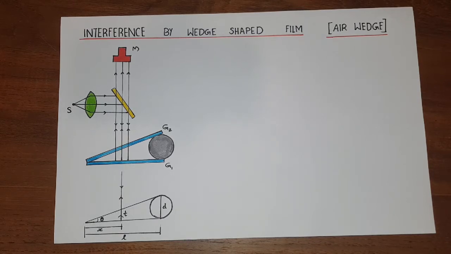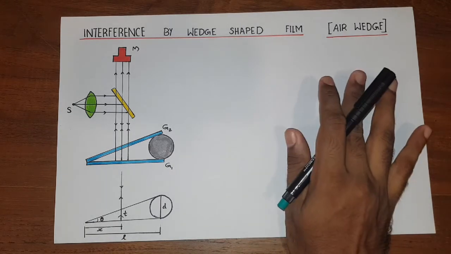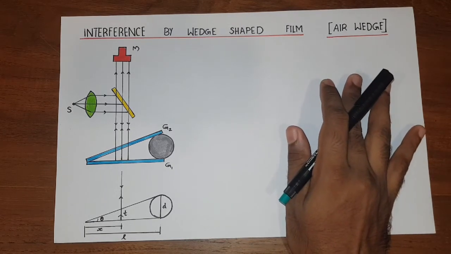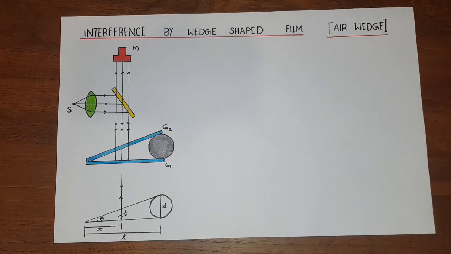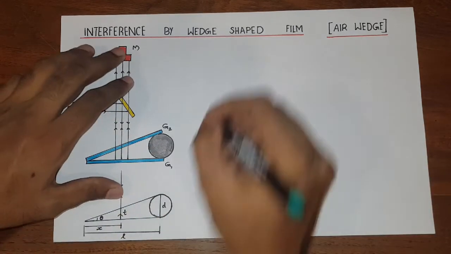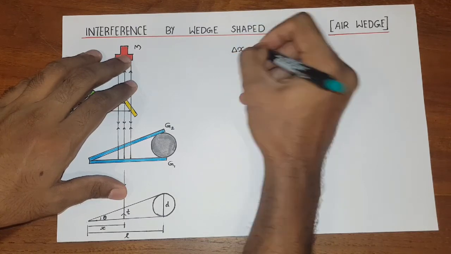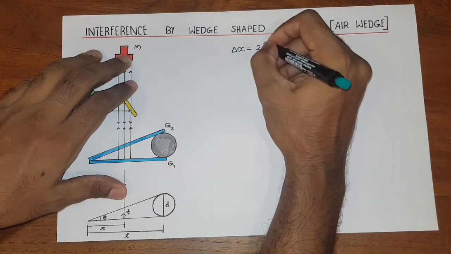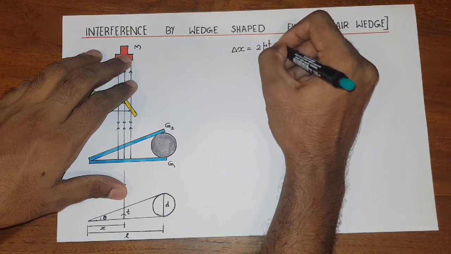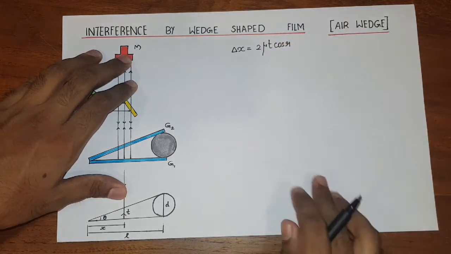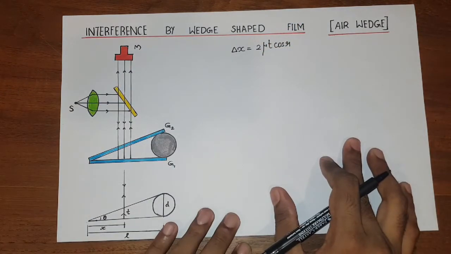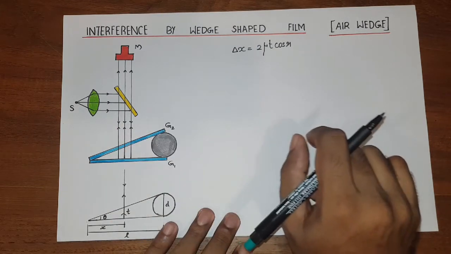We should know the path difference, which we have already derived in our previous discussion about thin films. And what was that expression? That expression was, the path difference delta x will be 2 mu t cos r. This is nothing but the cosine law. We derived the cosine law in our last discussion.